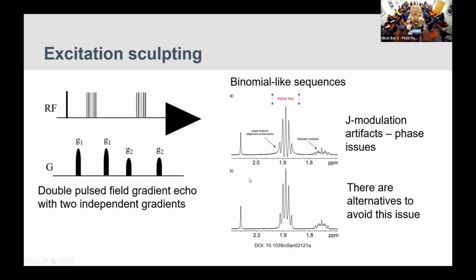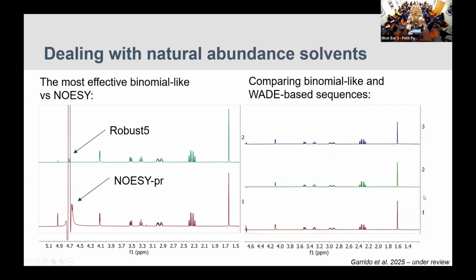But there are alternatives to avoid this issue, and the main alternative was published also by the Manchester group in 2012, 2013. They implemented the binomial-like sequences with a perfect echo, and they've completely solved this issue.